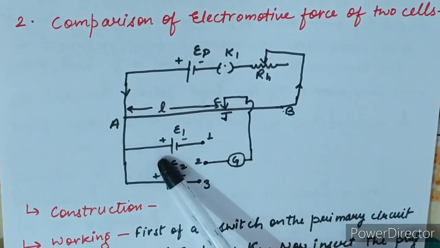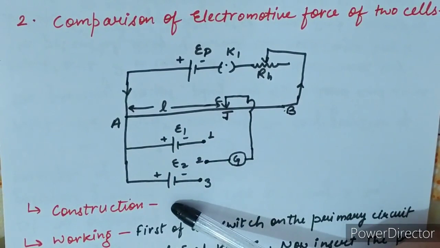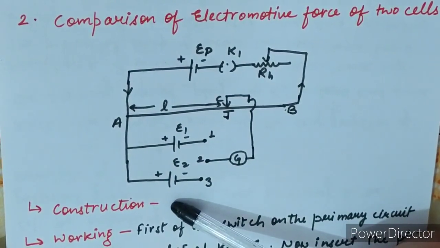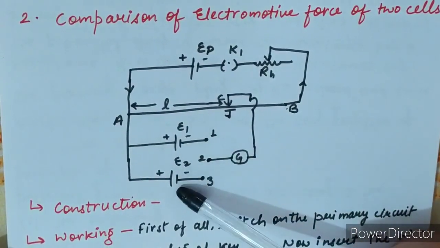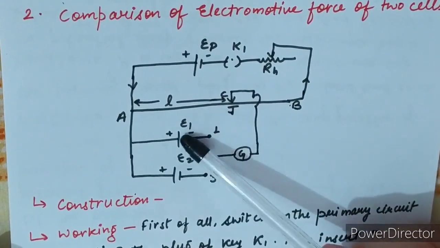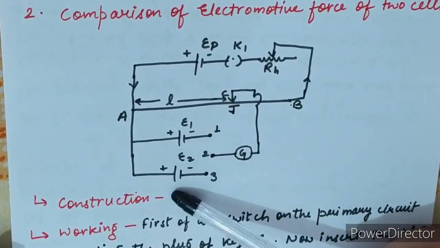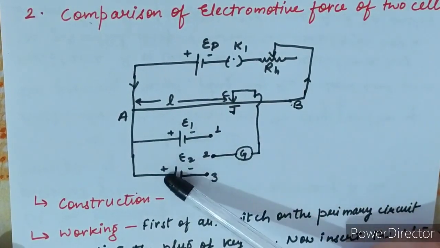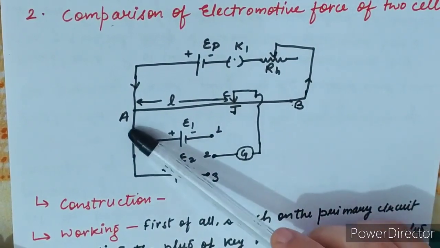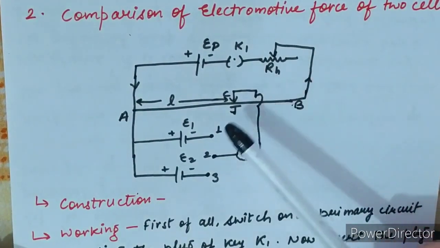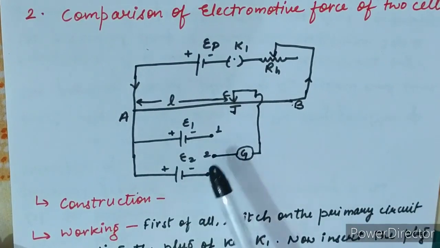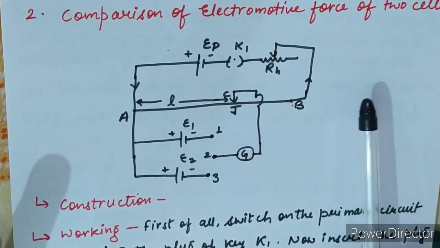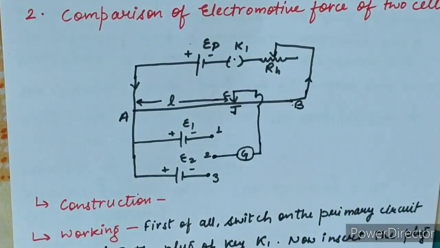Now here we have to connect two cells, as we are comparing the electromotive forces of two cells. Both positive terminals of the cells are connected with the point A only. Now the negative terminals are connected to a two-way key.